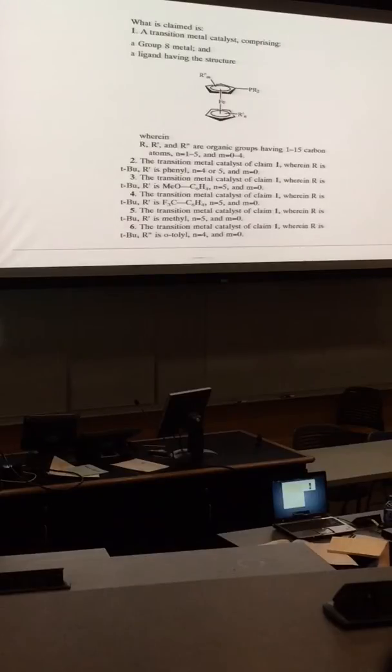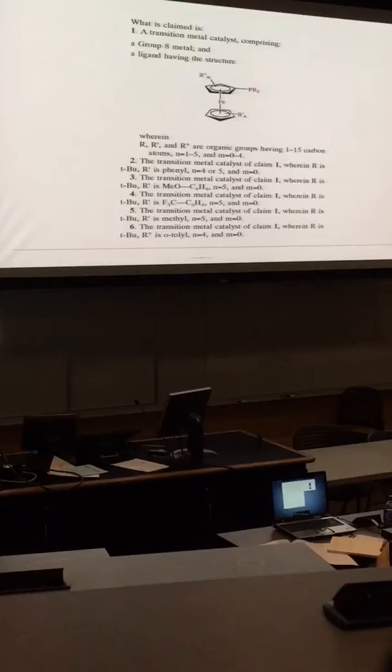So this is the example of a claim that's in this patent. And like I said earlier, the claims are the most important because they really define what the legal metes and bounds of what the invention is. And this one is directed to a transition metal catalyst having a group 8 metal, which happens to be this iron, and a ligand having this kind of funky diaromatic structure.